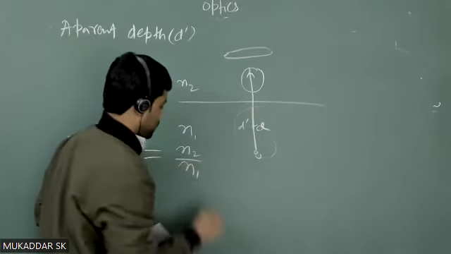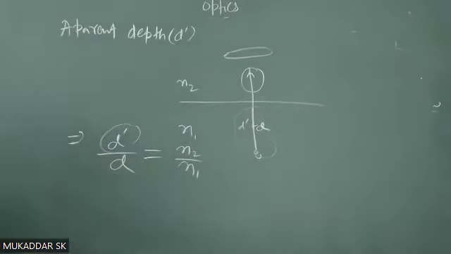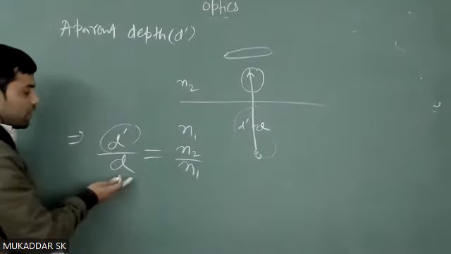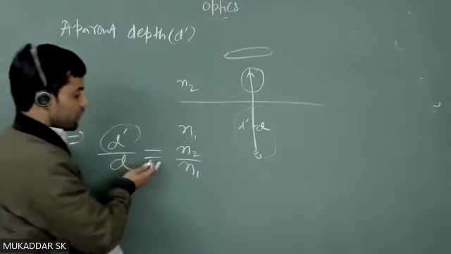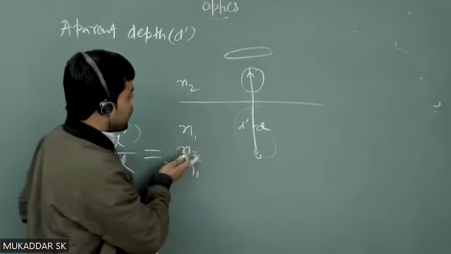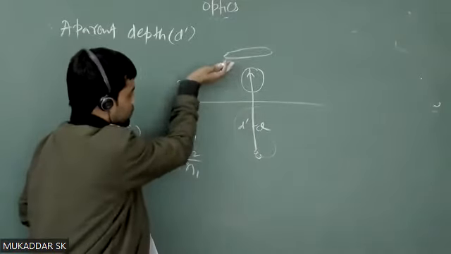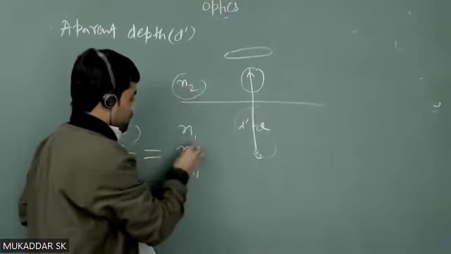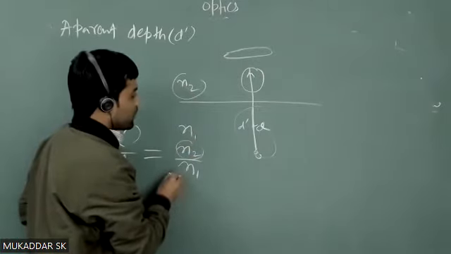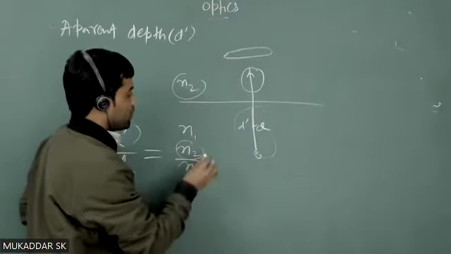So you have to take n1. तो वेरी शॉर्टकट में मैंने आपको बता दिया कैसे कैलकुलेट करनी है. तो अपरेंट डेप्थ बाय एक्चुअल डेप्थ should be equal to how much? रिफ्रैक्टिव इंडेक्स ऑफ दैट मीडियम जहां पे आपका रे आ रहा है. कौन सा मीडियम में आपका रे आ रहा है? इस मीडियम में. तो इस मीडियम का आपका रिफ्रैक्टिव इंडेक्स लेना पड़ेगा, divided by refractive index of that medium जहां से आपका रे आ रहा है. कौन सा मीडियम से आ रहा है?